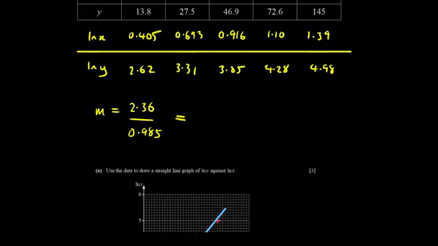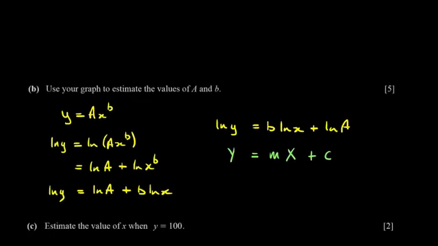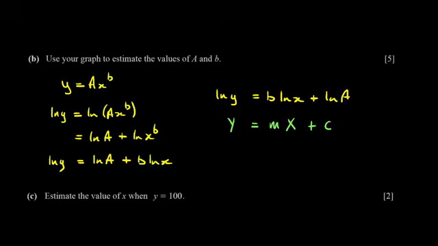And if I do that calculation, 2.36 divided by 0.985, I get 2.395. So we say that's 2.4. And the key thing is that we said that our gradient is the same as our constant b. So we can say b is equal to 2.4.